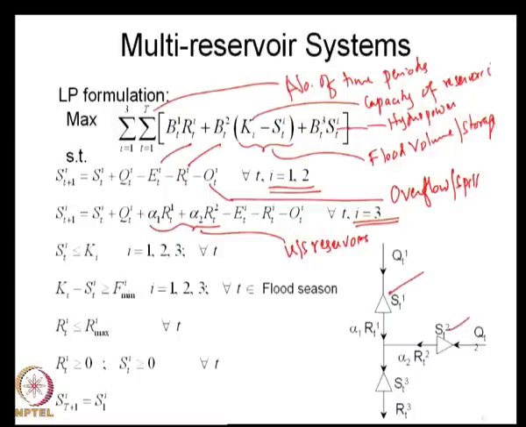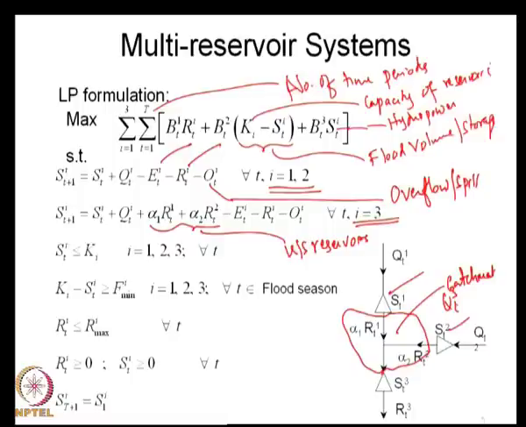Remember, this Q_it is because of the natural flow contributed by the catchment, free catchment. So, this is Q3t, that is the intermediate catchment between the reservoir 2 and 3 as well as reservoir 1 and 3 and the additional catchment that you may have. So, this is how you write the continuity for reservoir number 3.